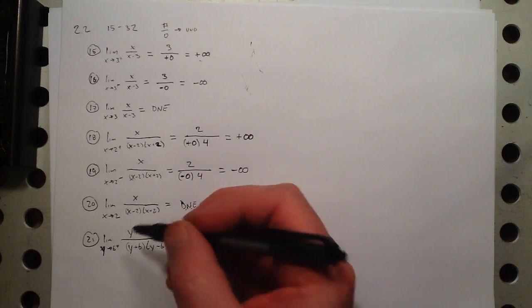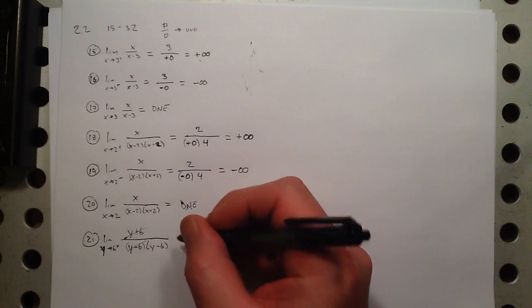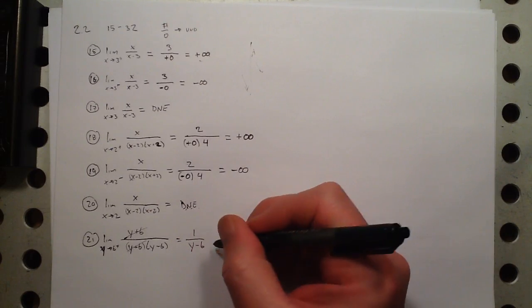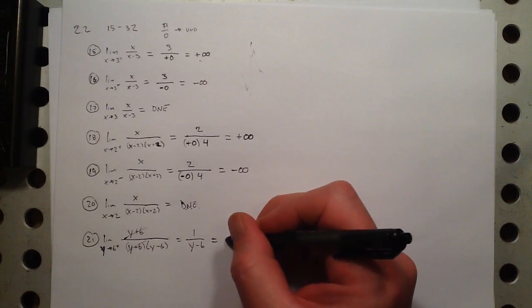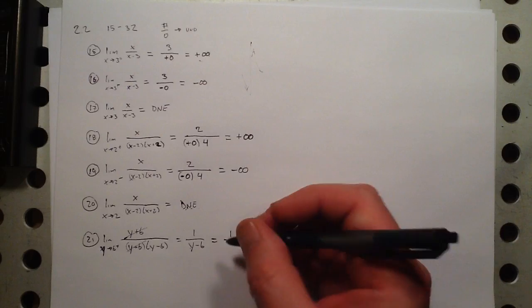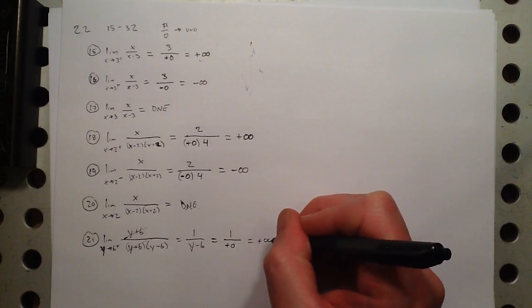You might notice here that because I have that factor in common, those are going to cancel out. So that's really just a matter of checking y minus 6. And that's going to give me 1 over, if I'm a little bit bigger than 6, something very close to 0, but above 0. So that's a positive infinity.